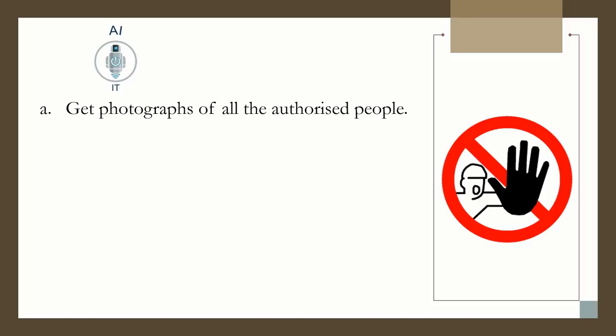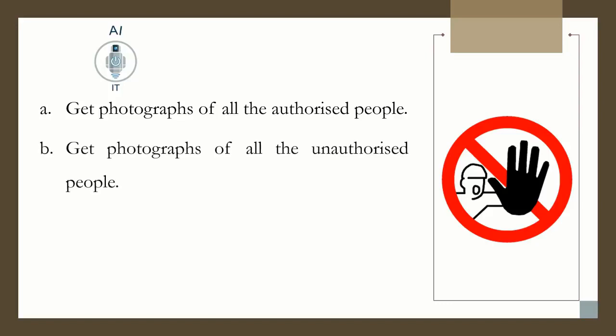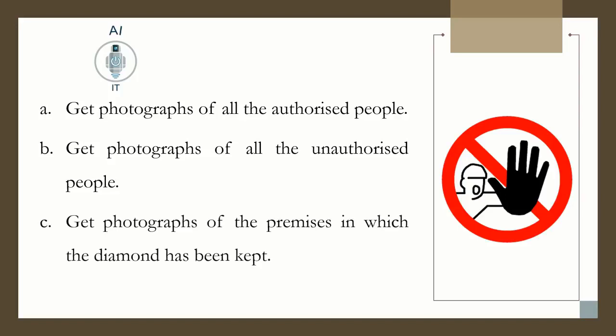In order to do this, we can start collecting the photographs of all the authorized people who are allowed to enter the premises. We can also get the photographs of all unauthorized people like Mr. X who are not allowed to enter the premises. And then we can take the photographs of the building so that we can keep a track of where all we can keep the cameras in order to do the surveillance.